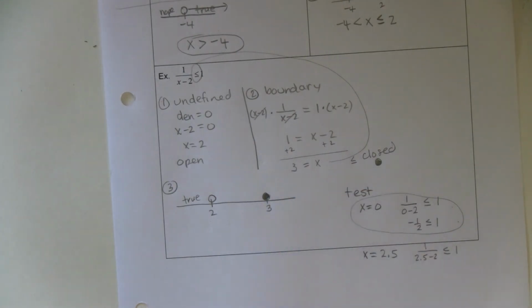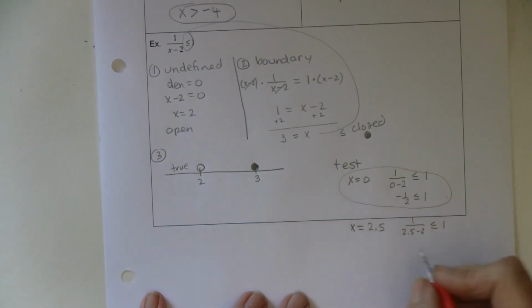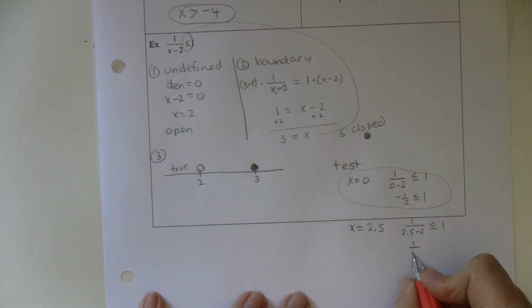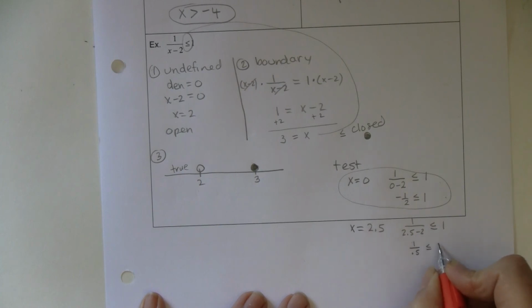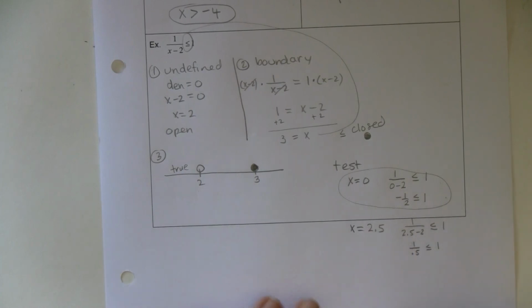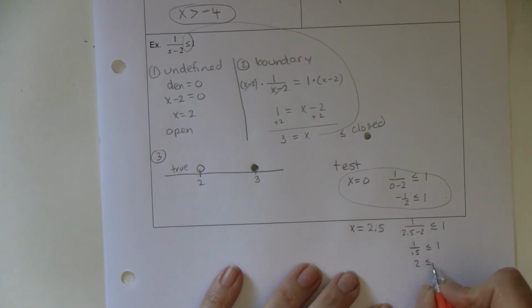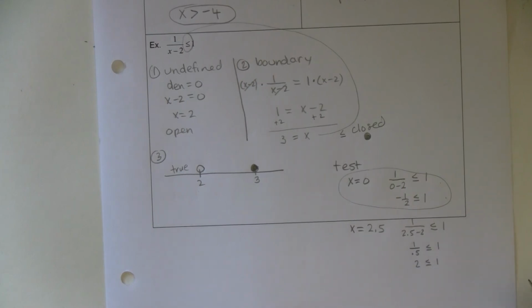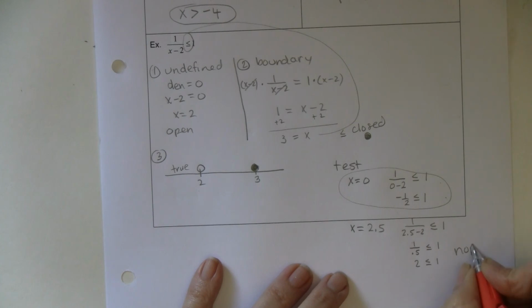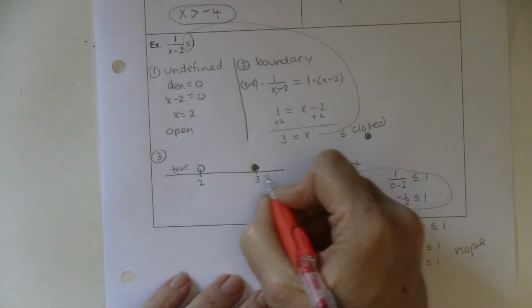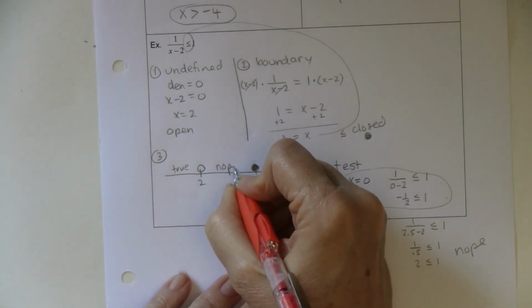So this is going to be 1 over half, 1 over 0.5, less than 1. And then you could use your calculator to do 1 divided by 0.5. That's 2, though. And 2 is not bigger, so this is nope. Not bigger than 1. So in the between is nope.